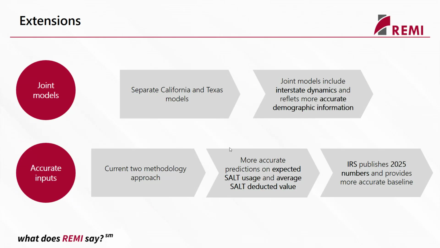Additionally, while our two-methodology approach provides a reasonable range, those with access to more data or capable of developing better methods may be able to provide more accurate predictions to use as inputs into our model, especially regarding SALT usage and average SALT deducted value. Additionally, when the IRS publishes the 2025 numbers in 2027, it would provide a much more grounded baseline.